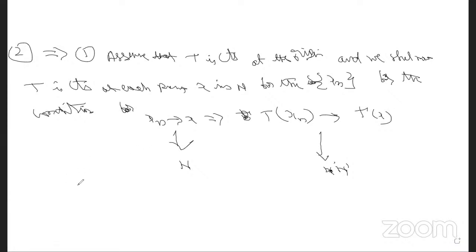Since T is linear, we have T of xn tends to T of x.